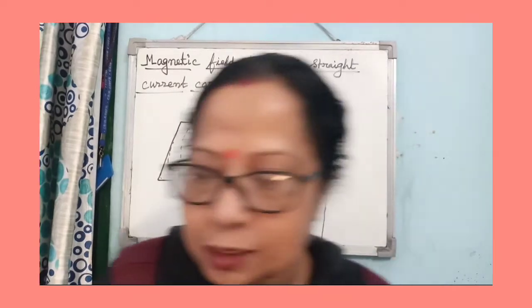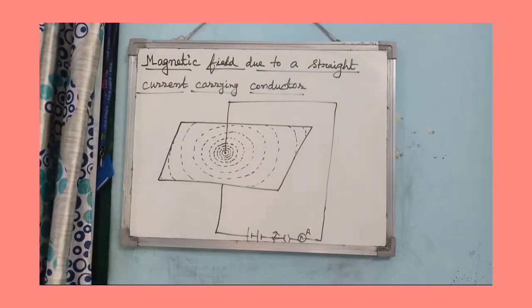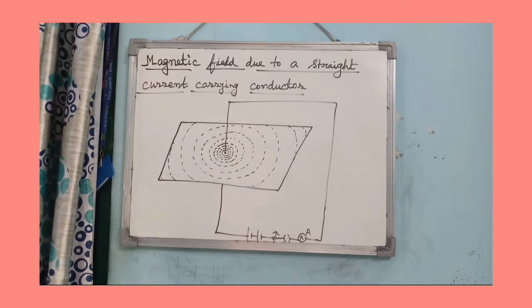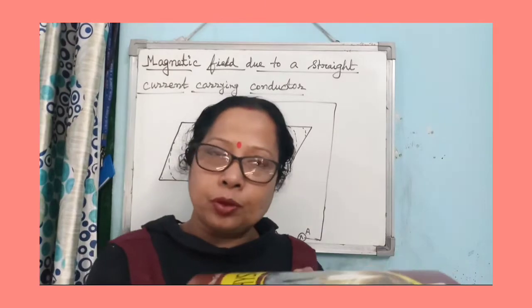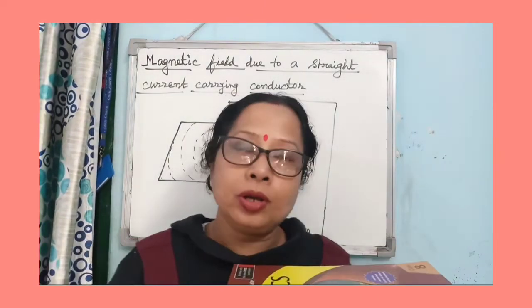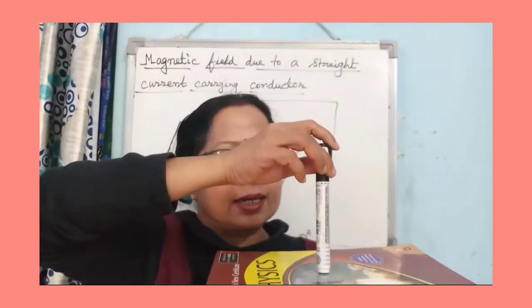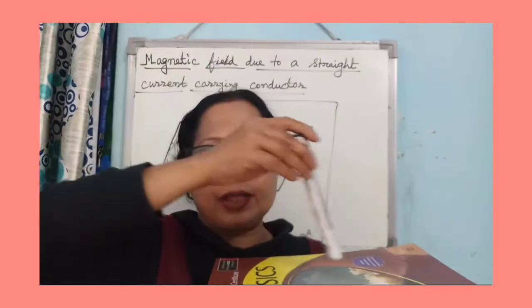So what is the experimental setup? You first take a cardboard, then at the center of the cardboard make a fine hole. And then you insert the conductor this way, perpendicular to the plane of the cardboard.